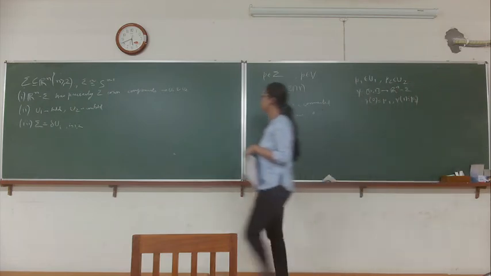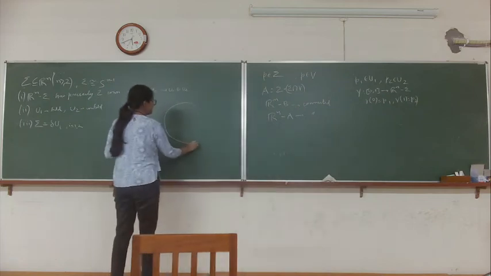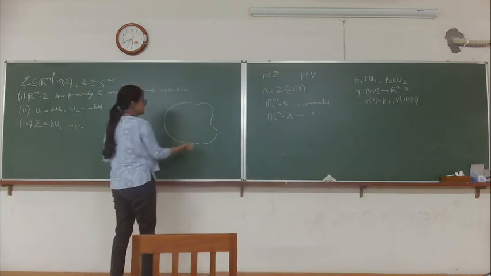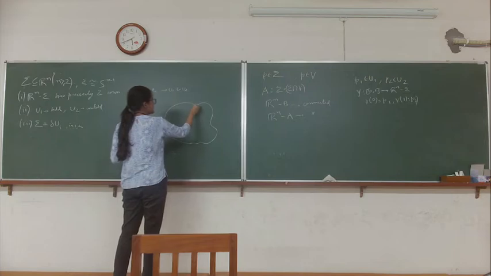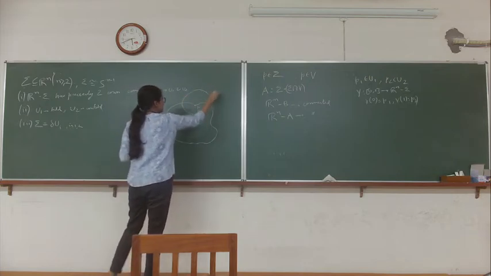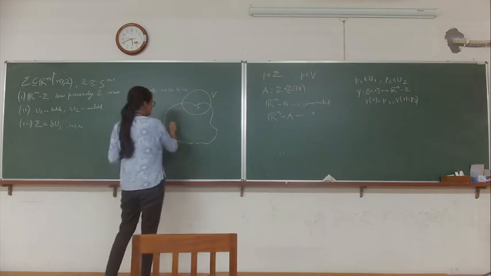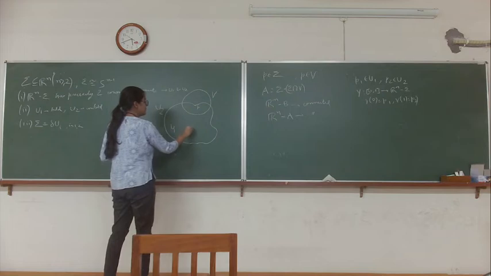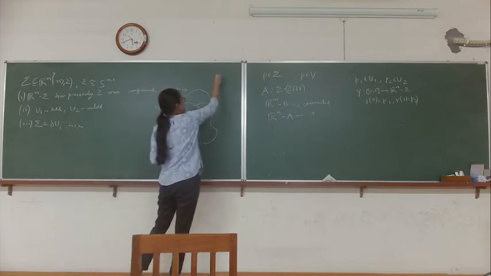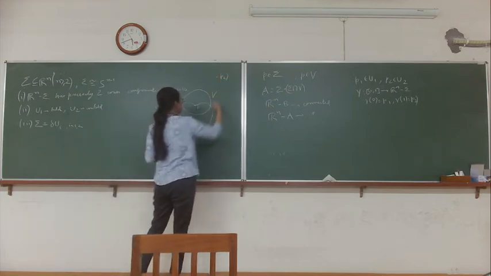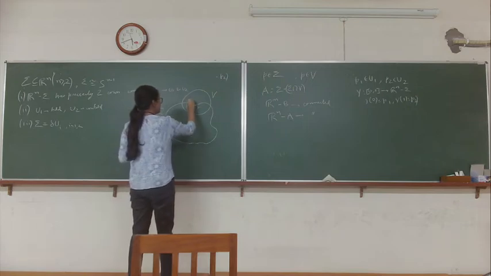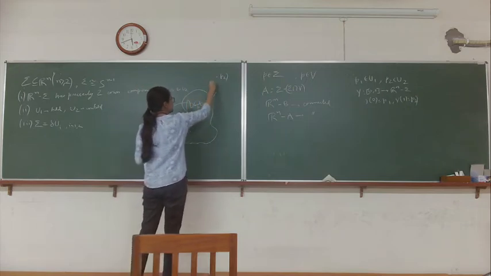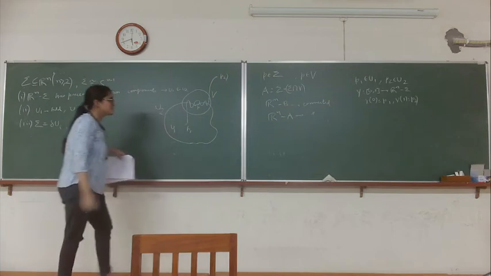Depicting it diagrammatically, if this is our sigma, and here is the point, say P, and this is the open neighborhood V, this is U1, outside it is U2, and P1 is a point in U1, P2 is a point in U2. So gamma is a path which can go like this, and it connects to P2.